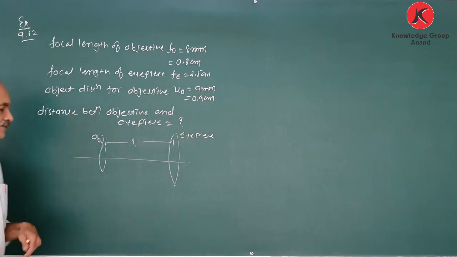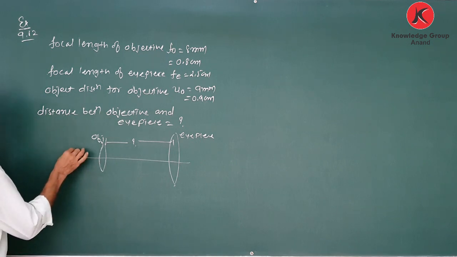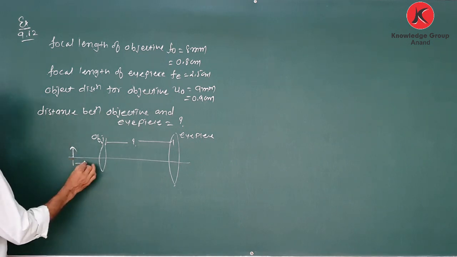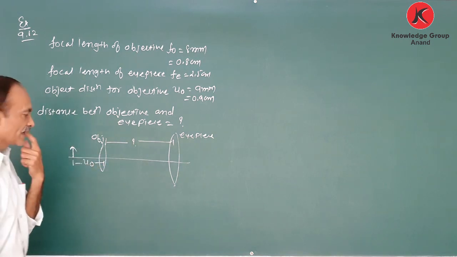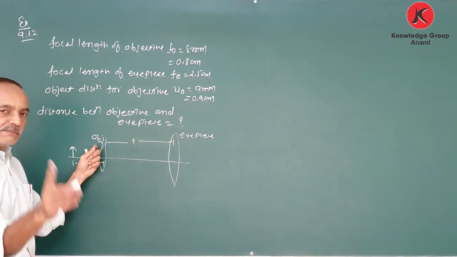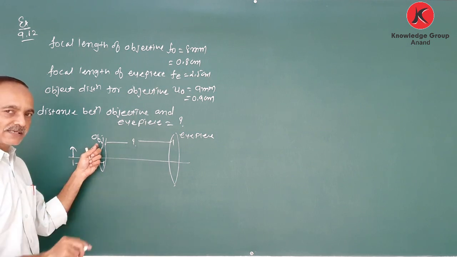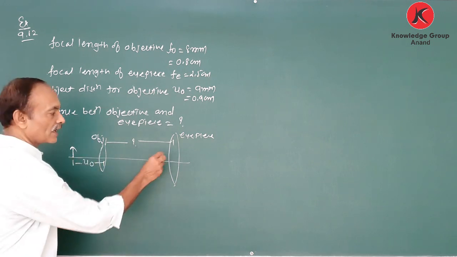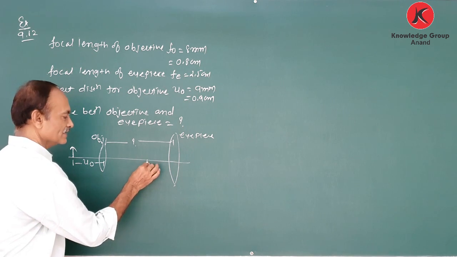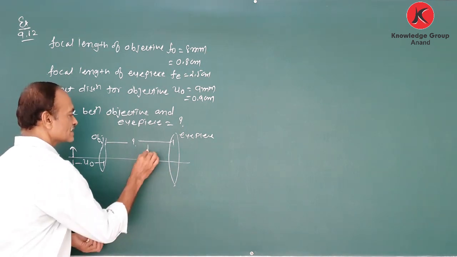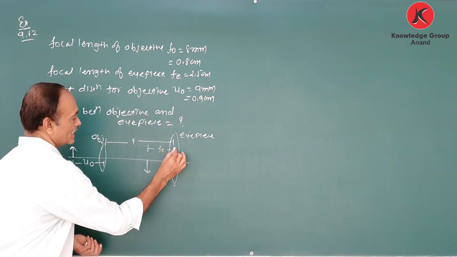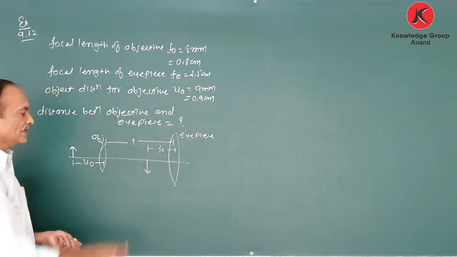Now the object is placed at this distance, which is U0. The image formed by the object is formed at the principal or the focal plane of eyepiece. That means here. So this distance is our FE.